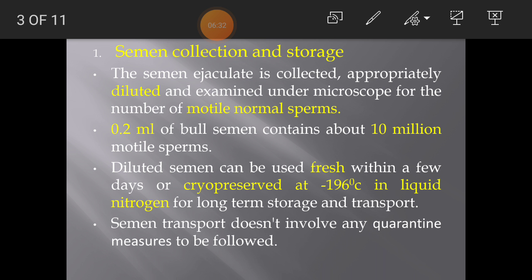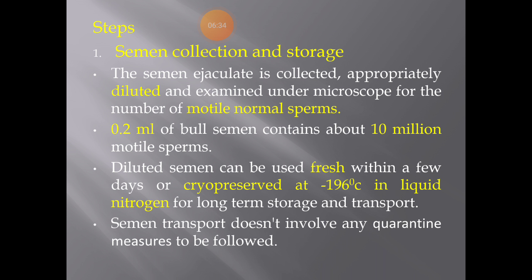Then if you do so, the semen transport does not involve any quarantine measures to be followed. Why I am telling this is, suppose if you want to transport the bulls as such to a different country, so that you want to produce the progeny of high quality, you need to follow several quarantine measures as put forth by both the governments.